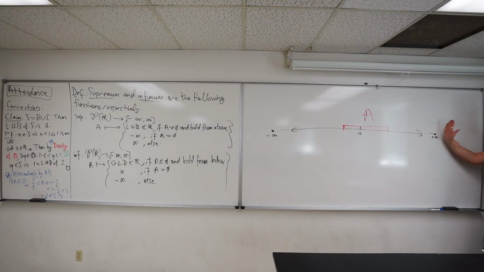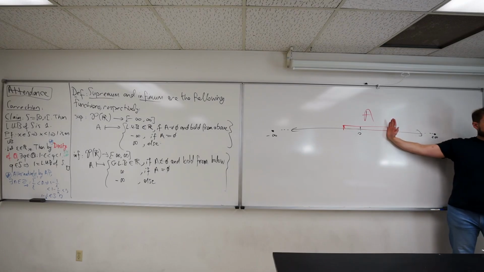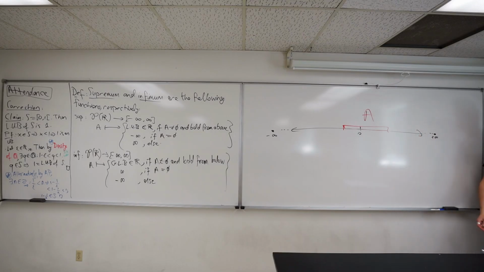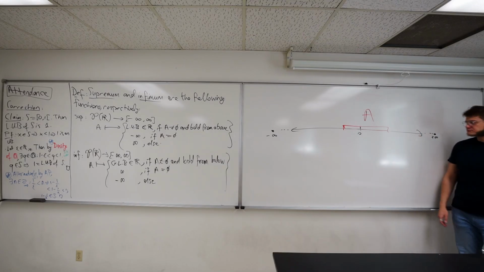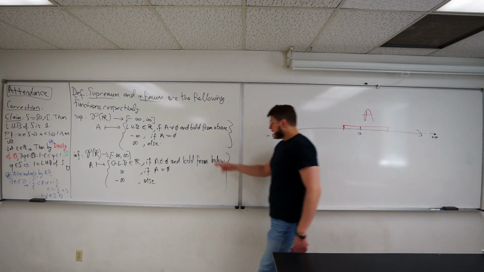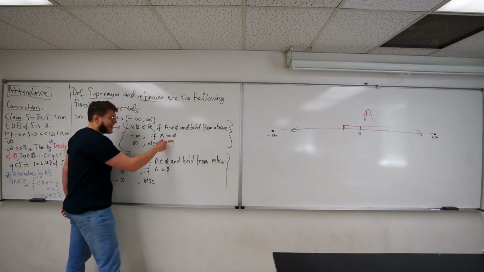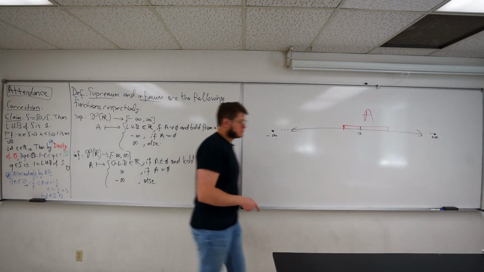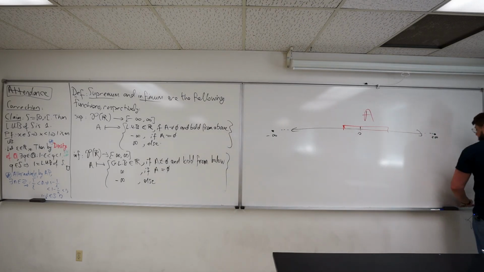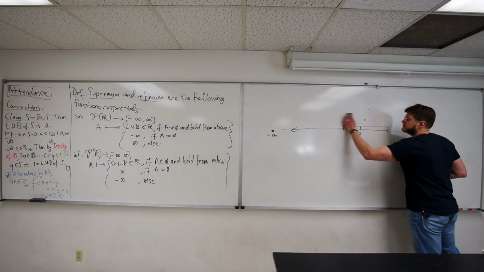So I'm going to keep pushing, okay? And then at some point I'm going to get stuck, and that's my least upper bound. It's the optimal upper bound. Okay? If, of course, A is empty, well, this guy is not here anymore. There's nothing.